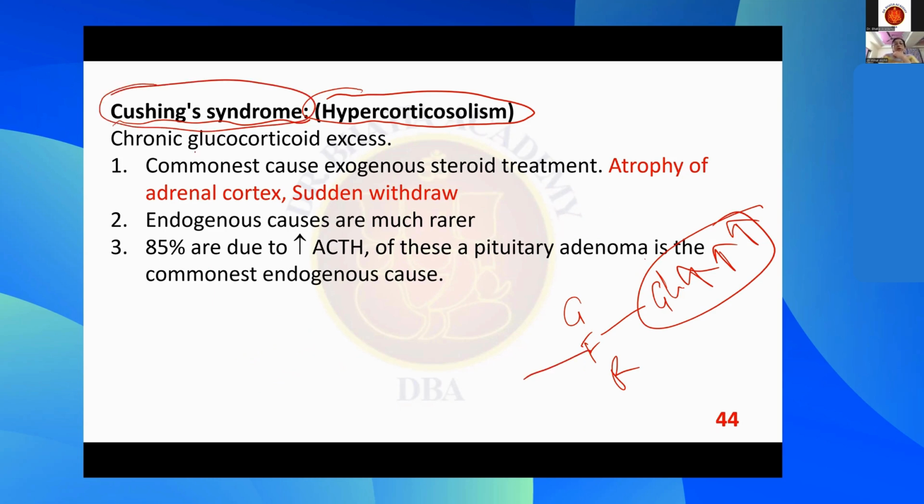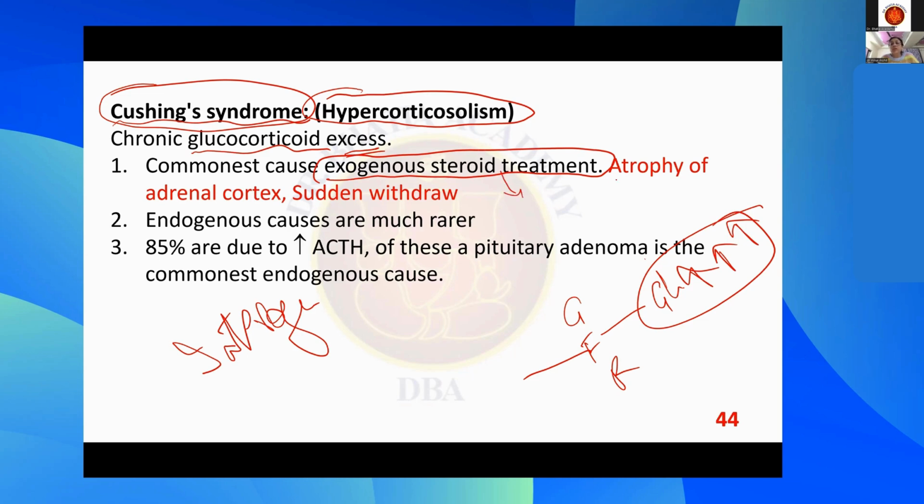So chronic glucocorticoid excess. Now the commonest cause is exogenous steroid treatment. Yes, the commonest cause of Cushing's is iatrogenic, drug induced, because steroids are the most used and most abused molecules.